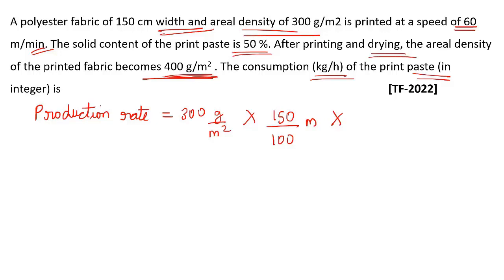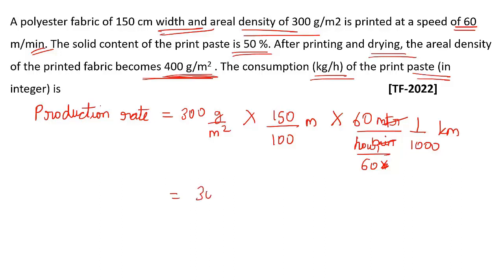To convert to kg per hour, for gram to kg we write 1 upon 1000, and for minute to hour we multiply by 60, since 1 minute is equal to 1 upon 60 hours.